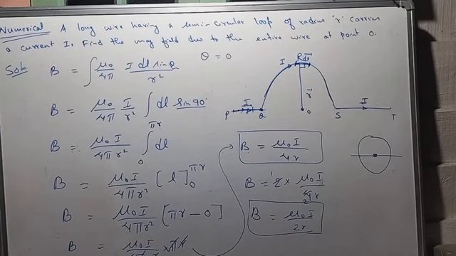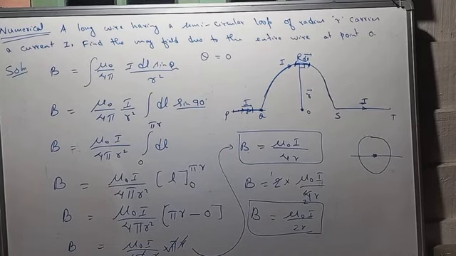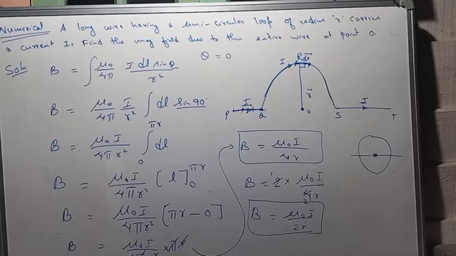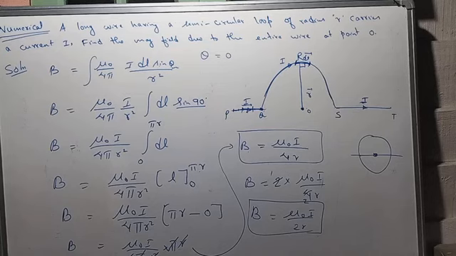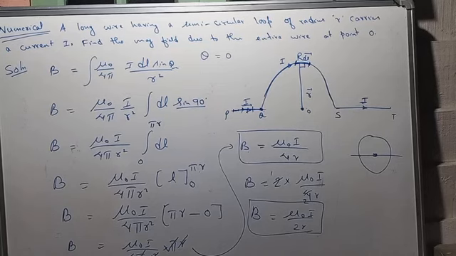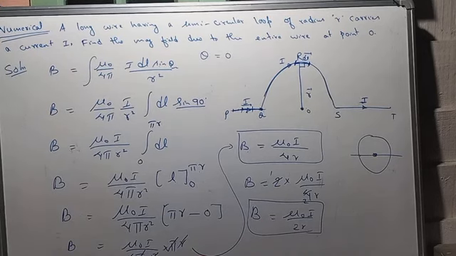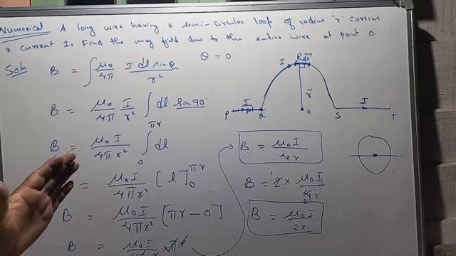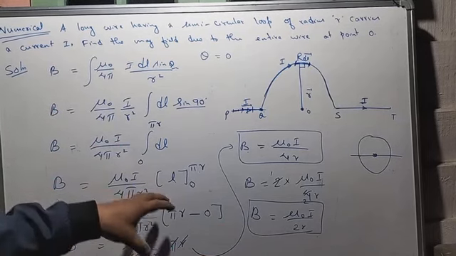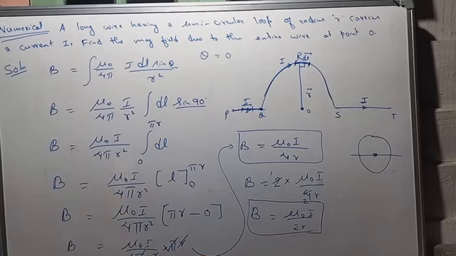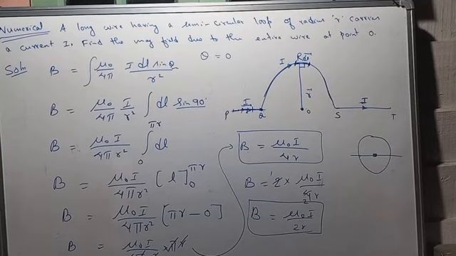In exams, when the question asks you to derive the expression of the magnetic field at the center of a circular loop, you have to obtain this equation. You can either obtain it using my previous lecture video, or you can use this concept here also.